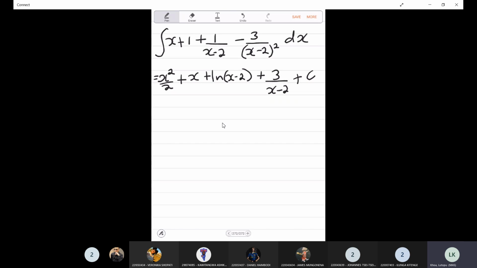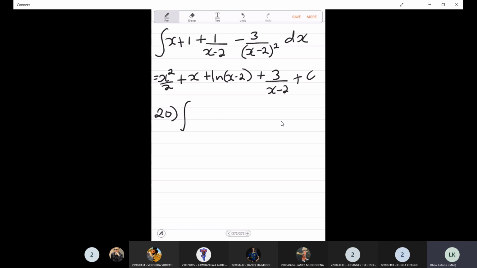Okay, so that is how to use partial fractions when your numerator has a higher degree than the denominator. Okay, then we can do one more like that, number 20.